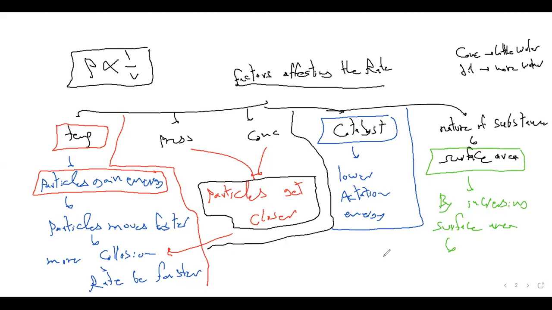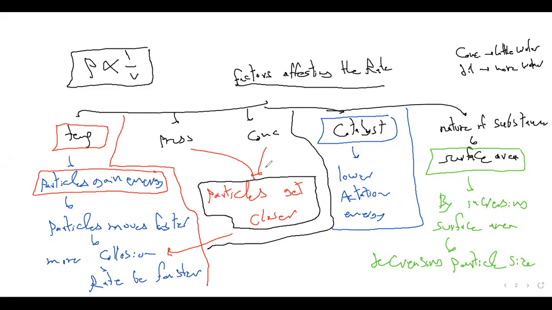Increasing surface area means decreasing particle size. For example, magnesium strip and magnesium powder: the powder has a faster rate of reaction. Why? Because it has larger surface area, or decreased particle size.